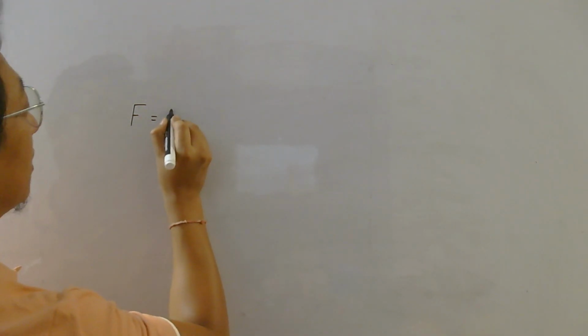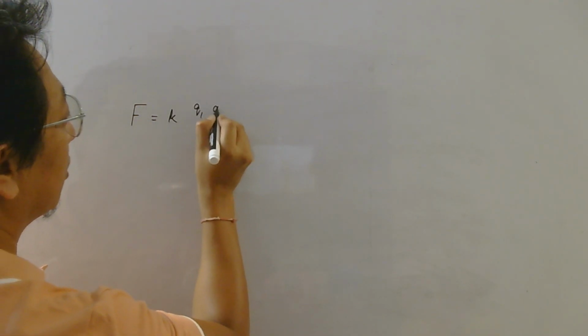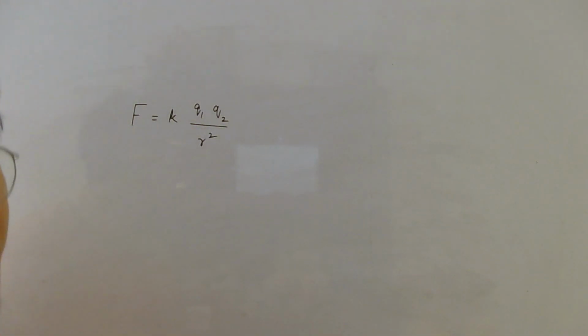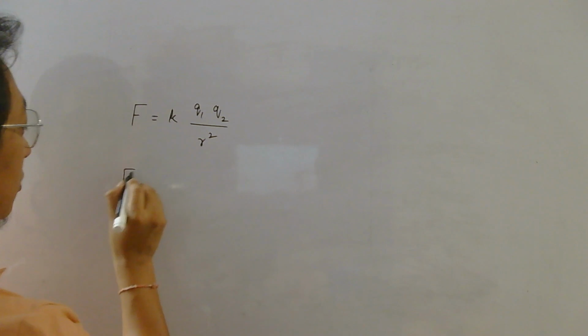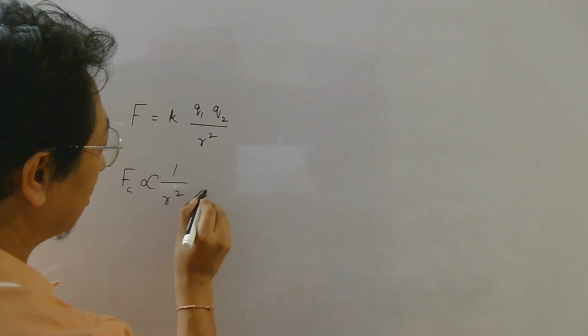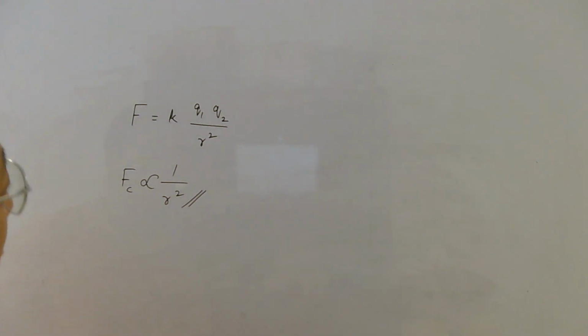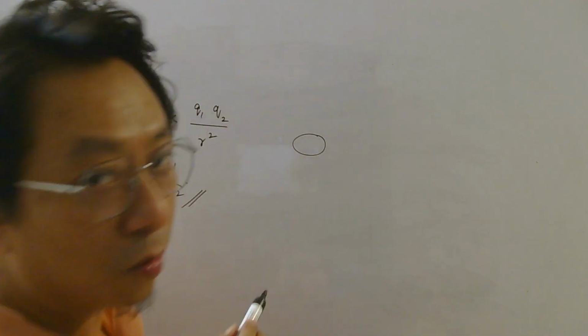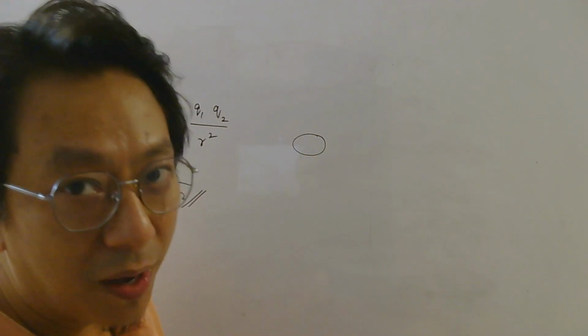Now the force between ions is basically the Coulomb force, the electrostatic force of attraction, which is given by some constant times the product of the charges divided by the square of the distance between them. So the Coulomb force is inversely proportional to the square of the distance. However, for the force between the water molecules, as we have seen, one end is plus, one end is minus.